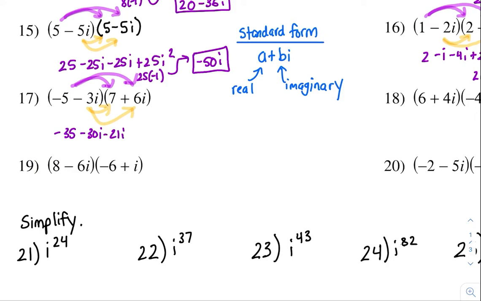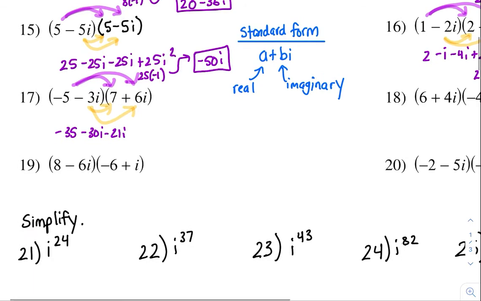And negative 3i times 6 is negative 18i to the second. Alright, so change this i to the second to be a negative 1. So now we have negative 35 minus 30i. I'm pretty much just rewriting everything except for this situation.